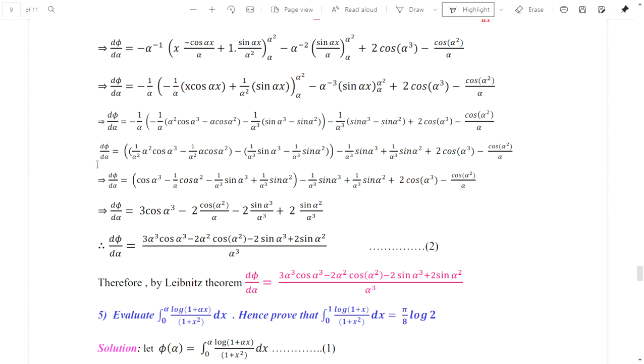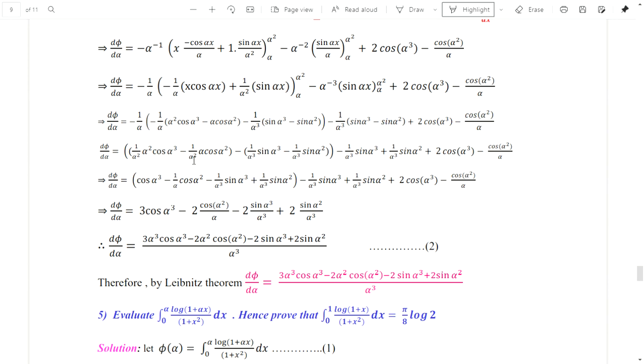That implies d phi by d alpha is equal to, let us do simplification to this: minus 1 by alpha into minus 1 by alpha is 1 by alpha squared into cos of alpha cube, and then we have minus 1 by alpha into minus 1 by alpha, which is minus 1 by alpha squared, into minus.